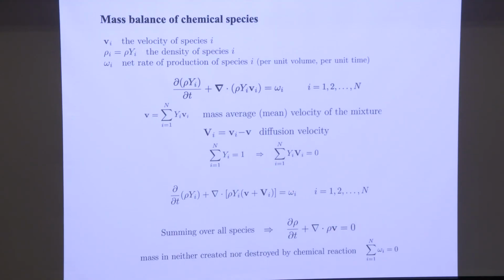Equal to omega_i. Now remember that the sum of y_i must be equal to 1. When you sum this equation over all i, since the sum of v_i times y_i is exactly equal to v, the sum of y_i times the diffusion velocities is equal to 0.